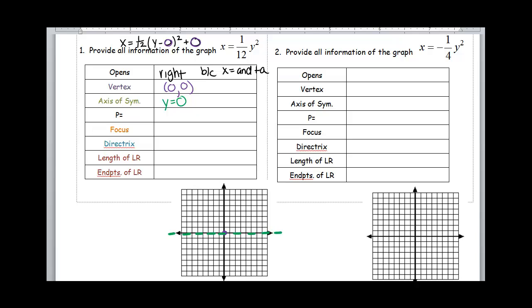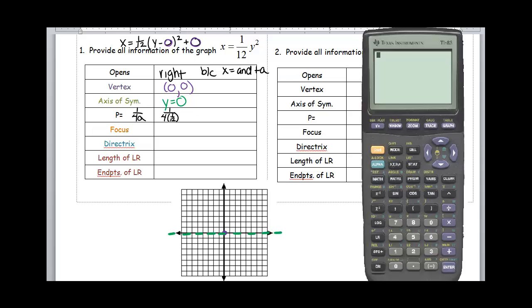Before I can figure out my focus and my directrix, I need to figure out the value of p. P again was 1 divided by 4 times a. And so if I do 1 divided by 4 times 1/12, I'll get my value of p. Now to calculate that, we're probably going to want to use our calculator.